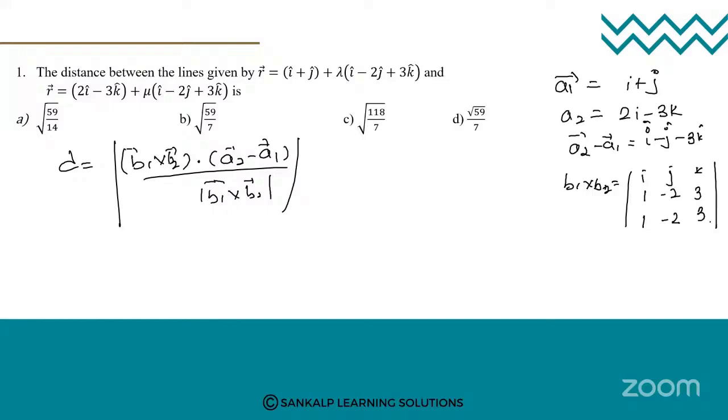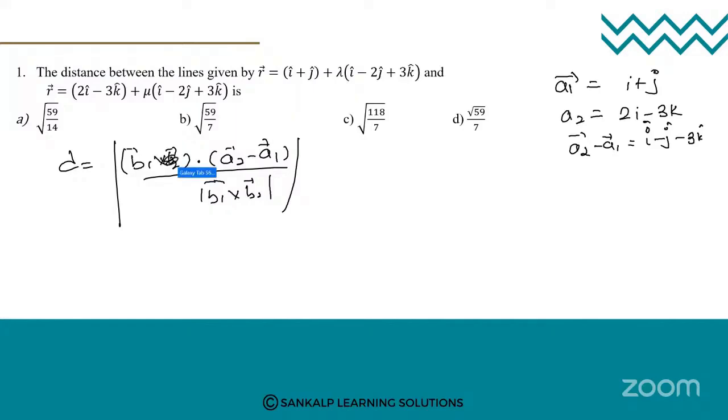This is parallel actually. See here, what is your hint? B1 and B2 are the same vector. That means these two lines are parallel lines. Correct?